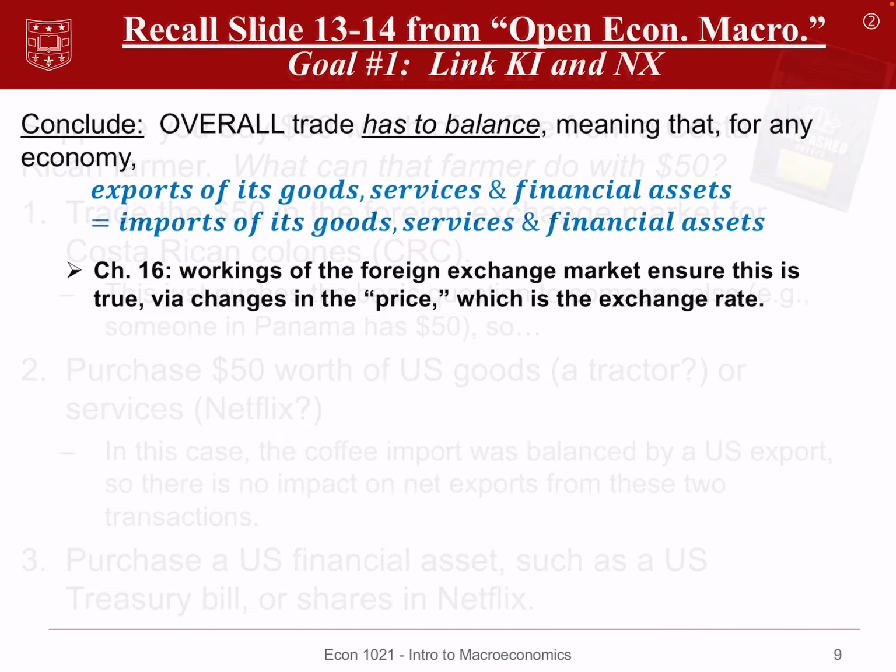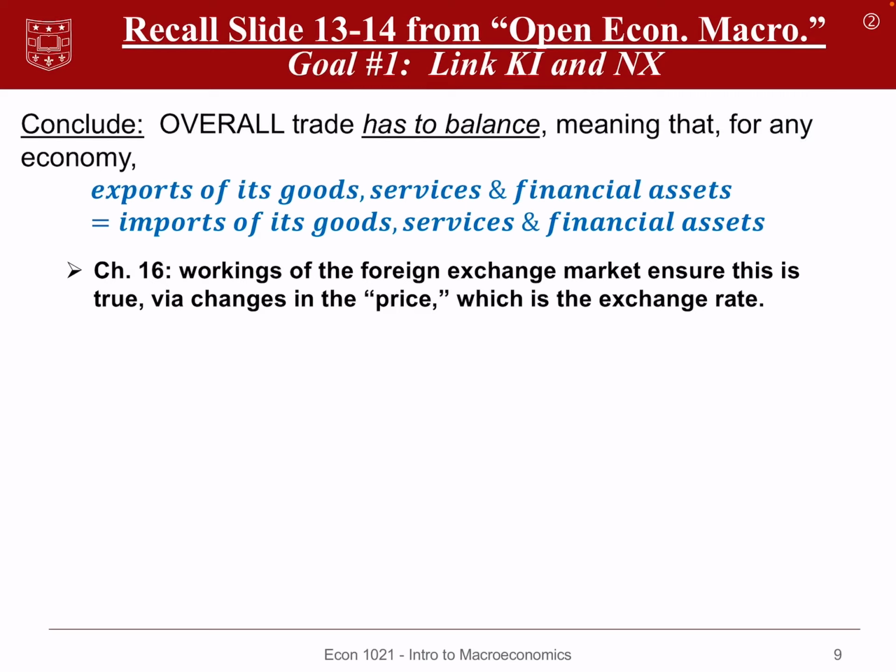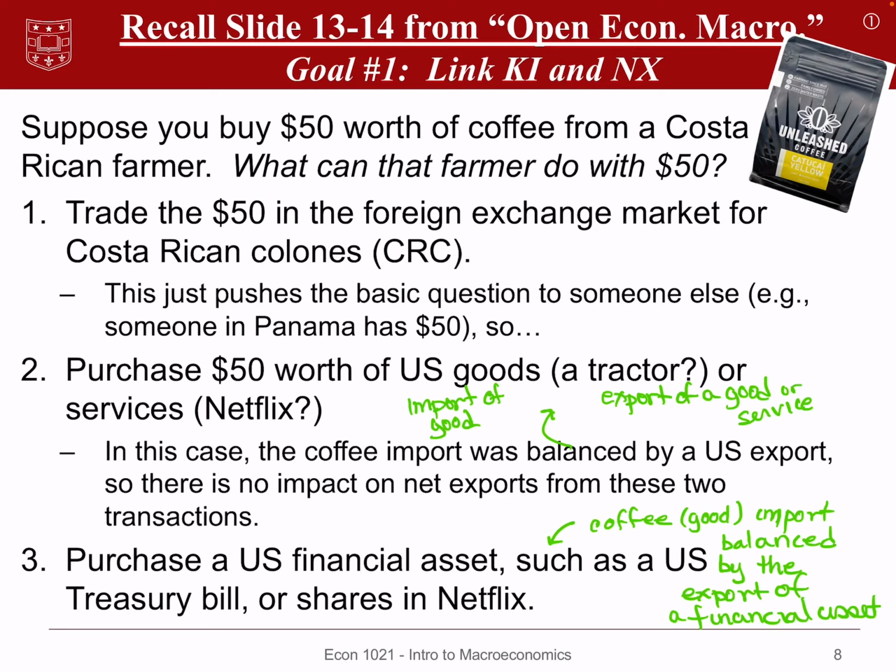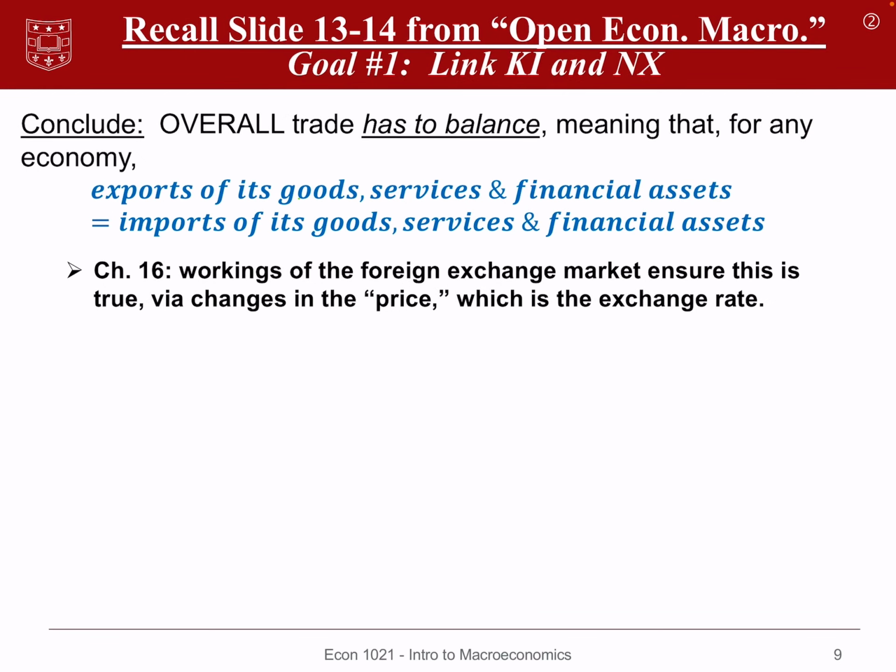And so if we come over here with item number one, exports and imports of goods and services are going to balance out. If we compare then our third choice here, the export of a good is balanced by the import of a financial asset. So this is what I mean by, again, overall trade has to balance. So we can trade as an economy in goods and services or in financial assets.